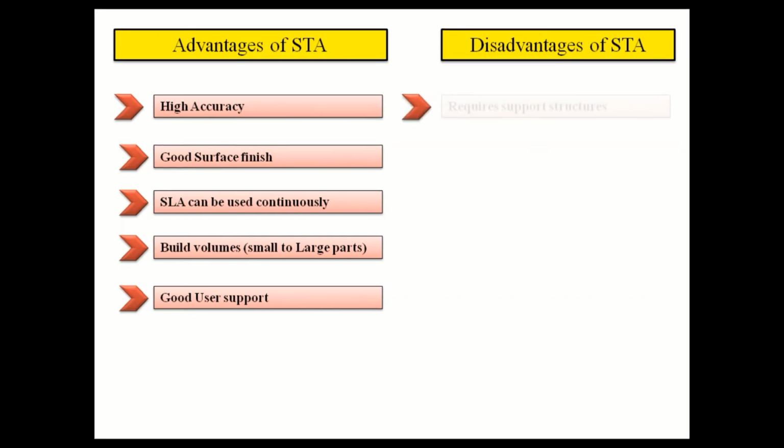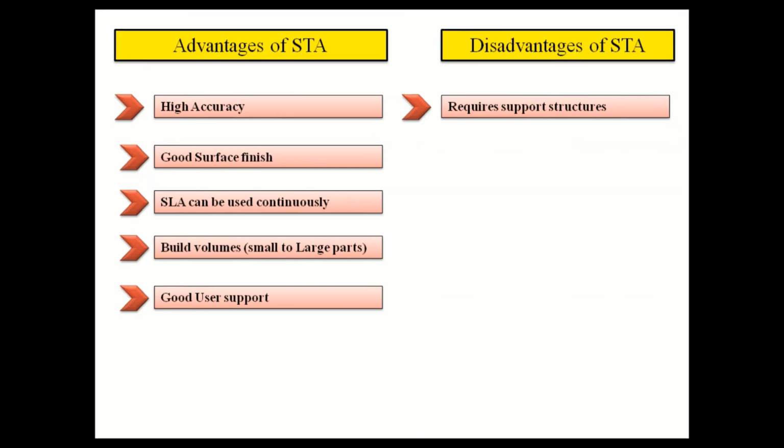Next, disadvantages of the STL apparatus. It requires support structures as needed. When we get the support structures in the final product, it is a disadvantage to the process because unwanted material is fabricated in the final product.